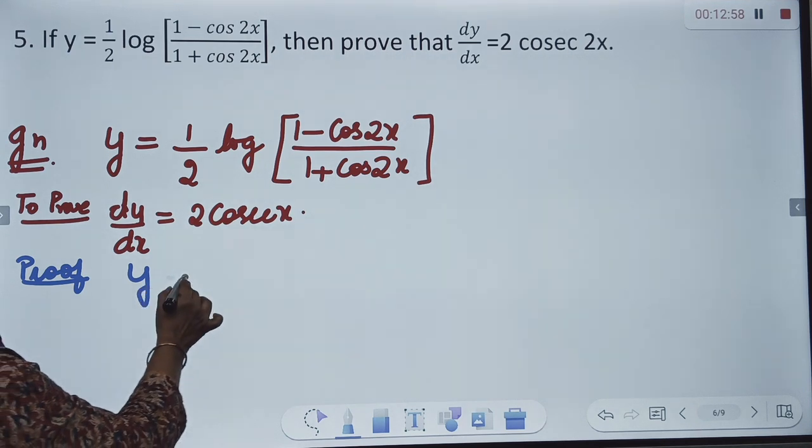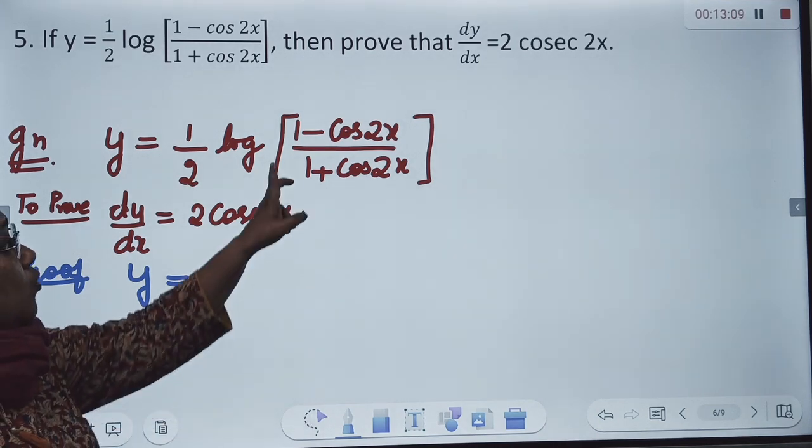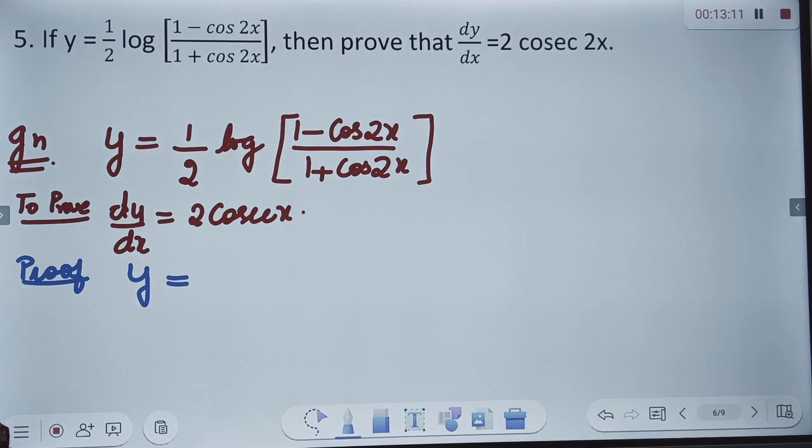Now, if y equals half log of (1 minus cos 2x) by (1 plus cos 2x), I recall the formulae of how you can simplify them. What is that formula? 1 minus cos 2x, I can write it as 2 sin square x. 1 plus cos 2x, I can write it as 2 cos square x.